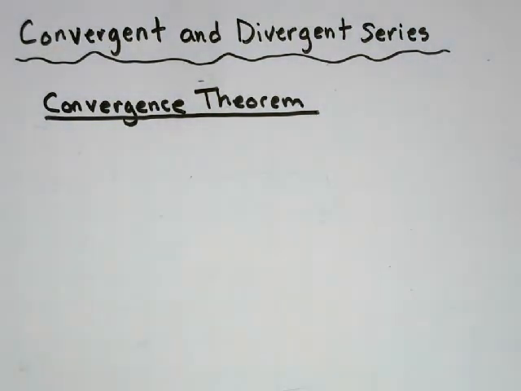There's one last thing that I'll talk to you guys about. It's just sort of a hey, here's a fun fact. Something called the convergence theorem. This is not a test. This will not tell us if something converges or diverges. It's just sort of a fact.